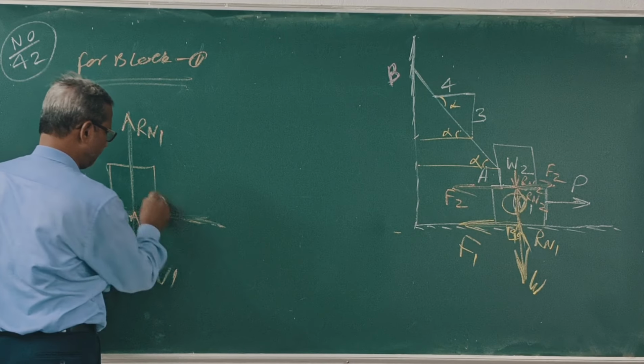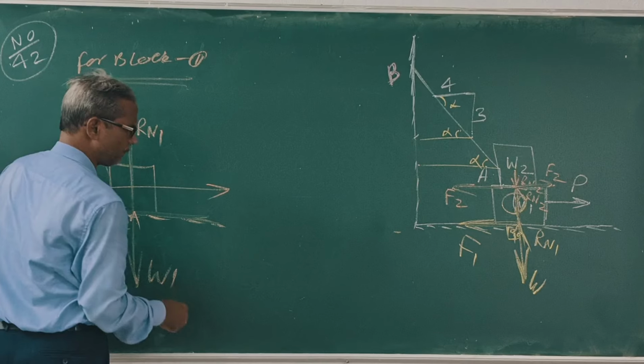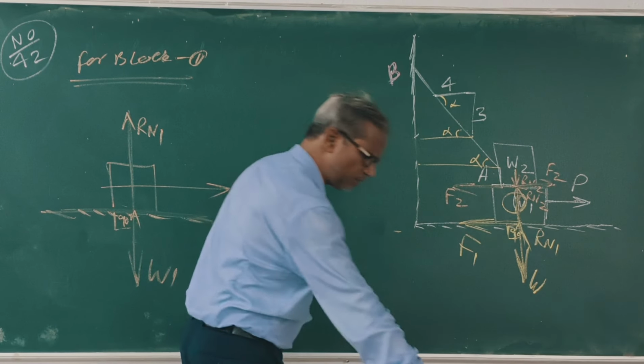This is force P. F1 is equal to mu into Rn1.